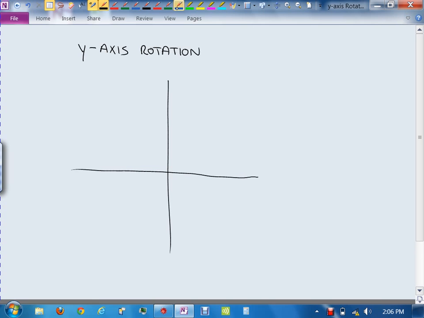So our two functions are going to need to be functions of y instead of x. So my region that I want to rotate is this, and my rectangle would be horizontal instead of vertical.